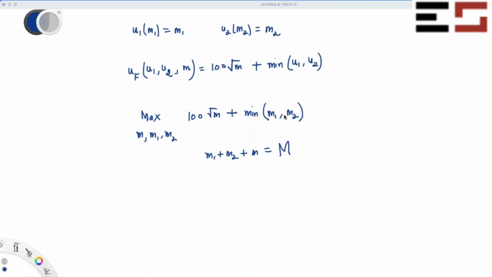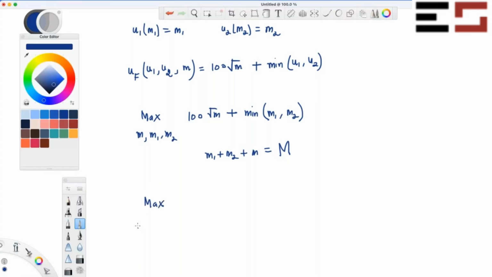What that means is father can actually write this problem in this way: 100 root m plus m1, because m1 is always equal to m2, so you can remove m2. Min(m1, m2) will always be m1.